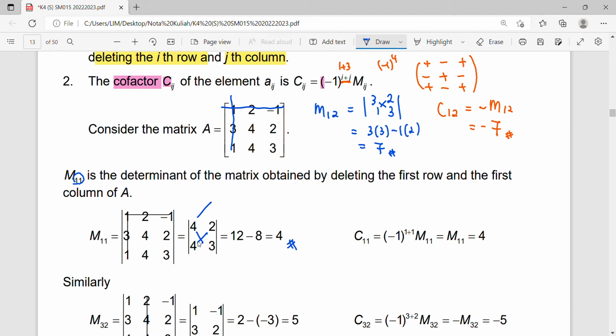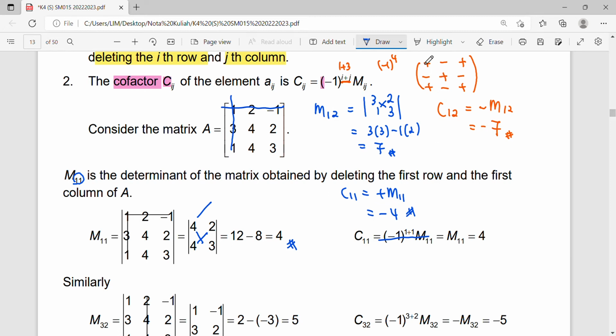When we come to cofactor 1, 1, it is in the positive position, positive for M11, so it will be equal to 4. So it will be easy like this. You just remember the positive and negative simply alternate: positive, negative, negative, positive, alternating.